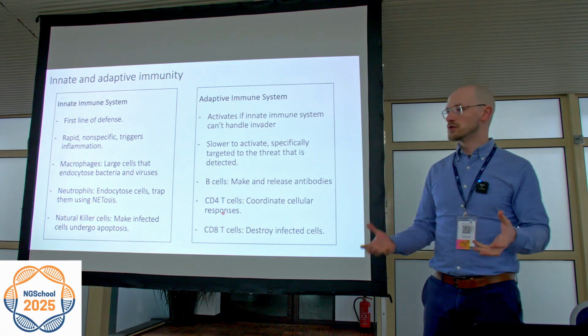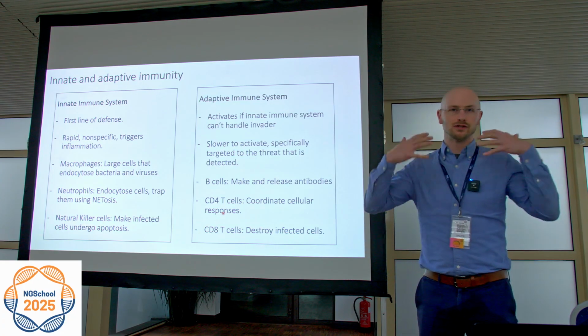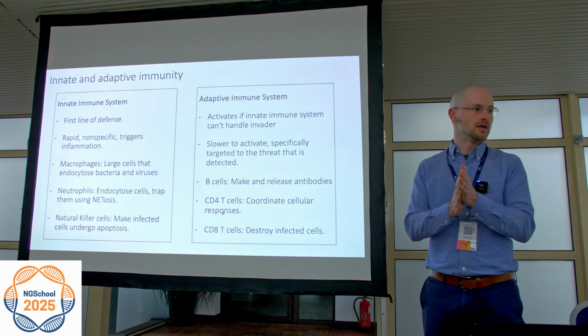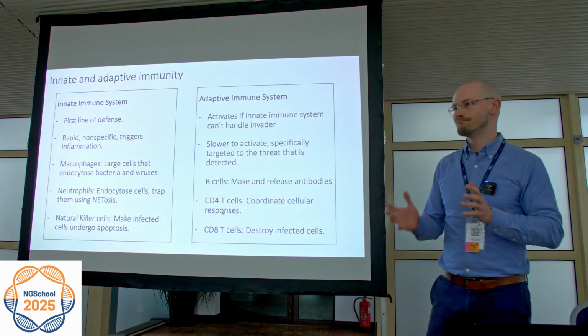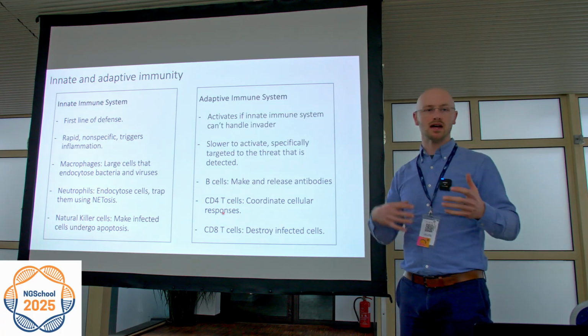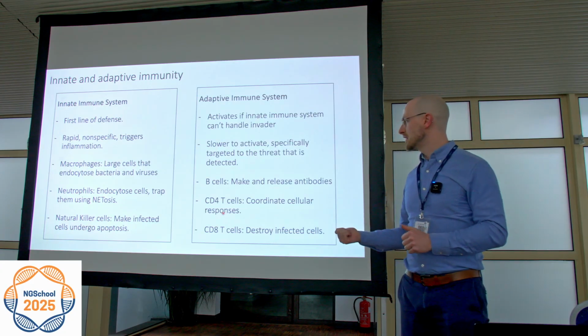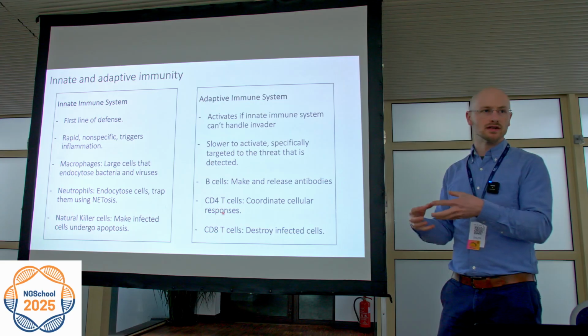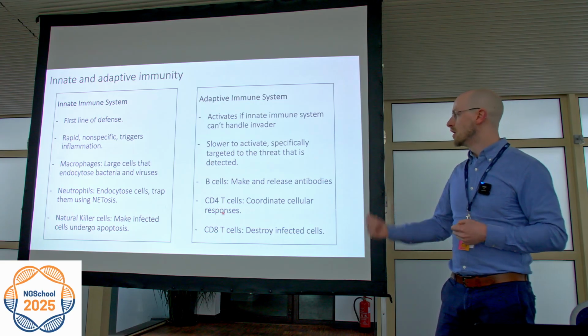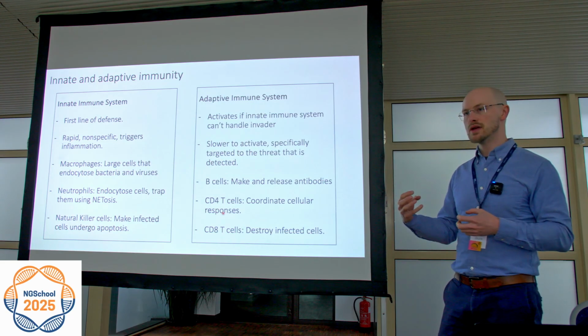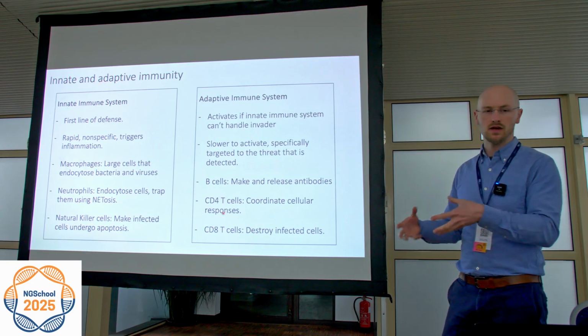This is composed of cells that are just in the site of infection, usually there at the time of infection or recruited soon after. It's composed mostly of macrophages, which are large cells that endocytose bacteria and viruses, or neutrophils, which can also endocytose invading pathogens.